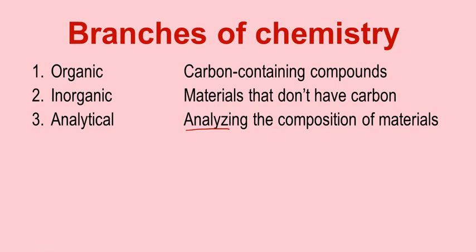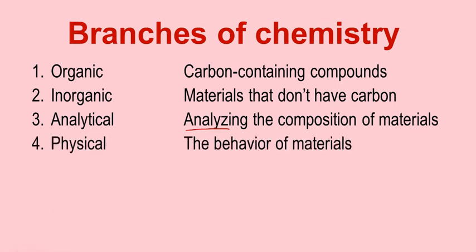There are chemists that do analyses of tap water. They determine how much lead is in the drinking water, how much fluoride, how much chlorine, and they want to make sure that it's within a safe amount so that you aren't being poisoned by your drinking water. That's one of the things that analytical chemists do. They can analyze just about anything.